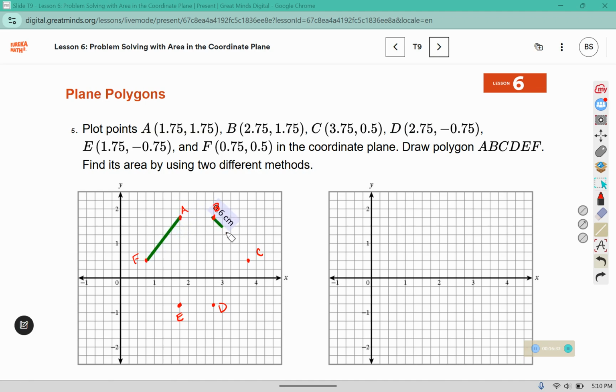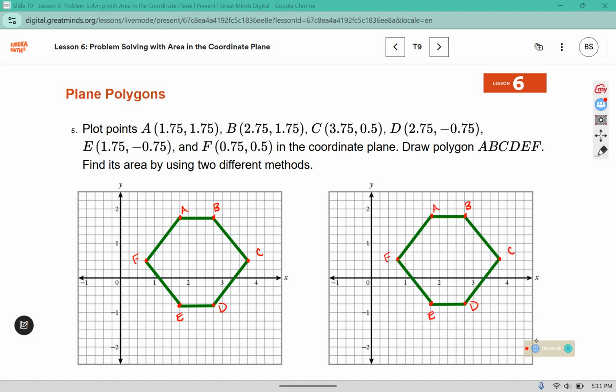Then connect them to create the polygon. A, B, C, D, E, F. You can graph these same coordinates on this grid. And we need to find the area using two methods.